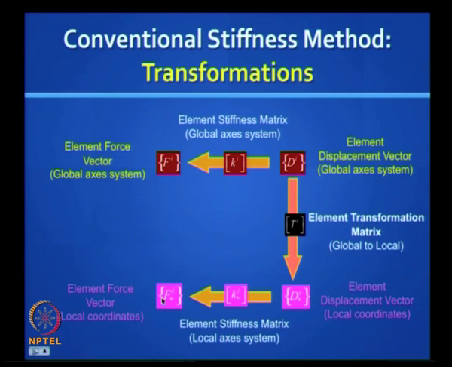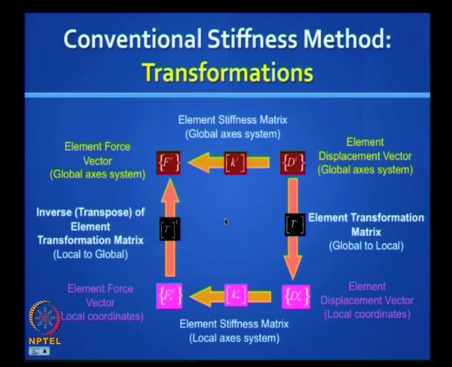How? I take a shortcut, I do not walk along these corridors, I just cut across straight here. How do I move from here to here? Even before that, is there a relationship between this and this? Yeah, there you are. That is the inverse of the transpose. So your playground, your corridors are now ready.